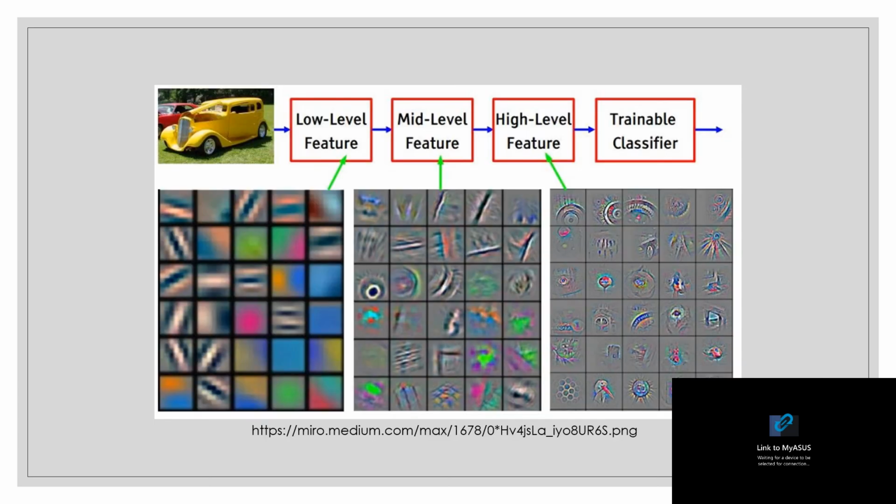Here is the easiest way to understand what's going on. We classify them into low-level features, middle-level features, high-level features, etc. Here is the image, and we want to find some interesting points of the image. For example, there are lots of straight lines inside the image.